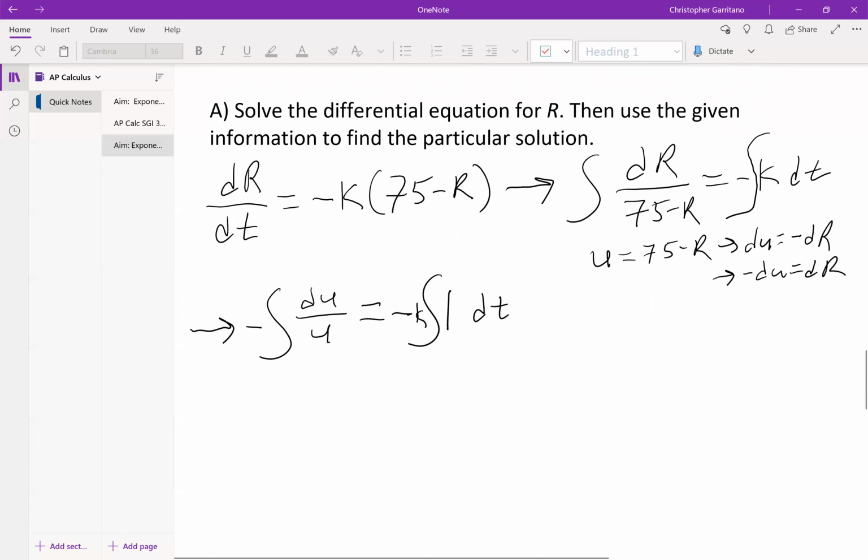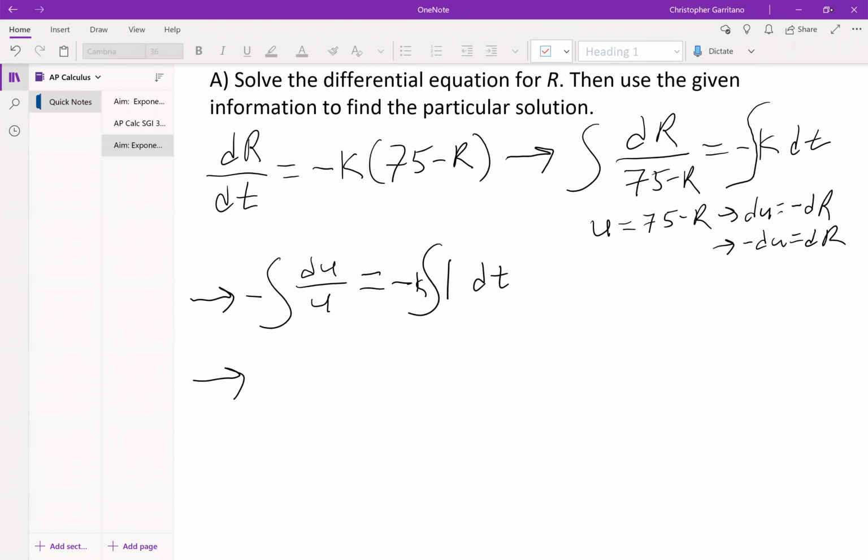All right. Keep going. These negatives actually cancel, so I can just get rid of them. The left side is ln absolute value of u. The right side is just kt plus c.